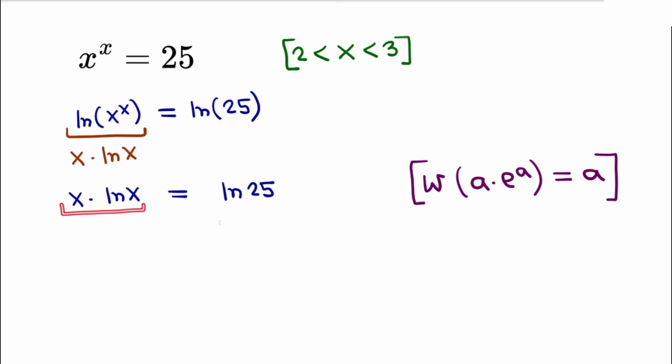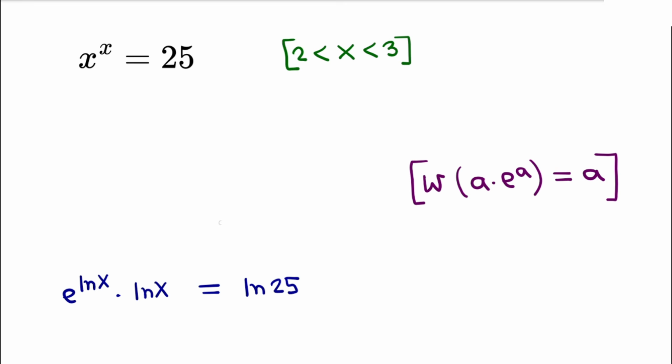But if you look at our equation, we don't have an e. So we have to introduce it ourselves. We can legally rewrite x as e raised to the power of the natural log of x. Let's substitute that back into our equation. Now we have e raised to the natural log of x times the natural log of x equals the natural log of 25.